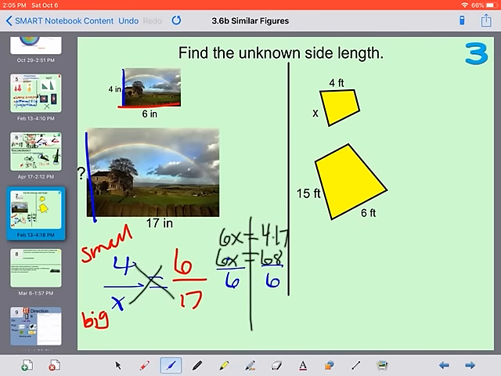So 68 divided by 6, it doesn't give us a really nice number. It gives us 11.3 repeating, or 11 and 1/3. Which, does that make sense? It should be bigger than 4, so yeah, that would make sense.